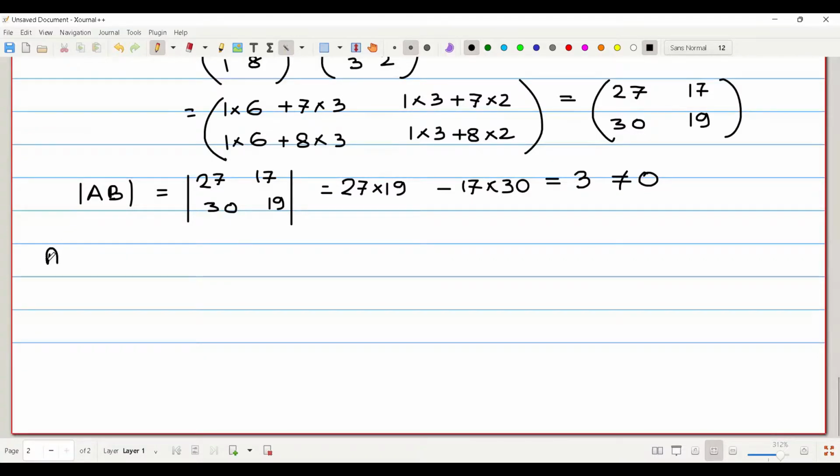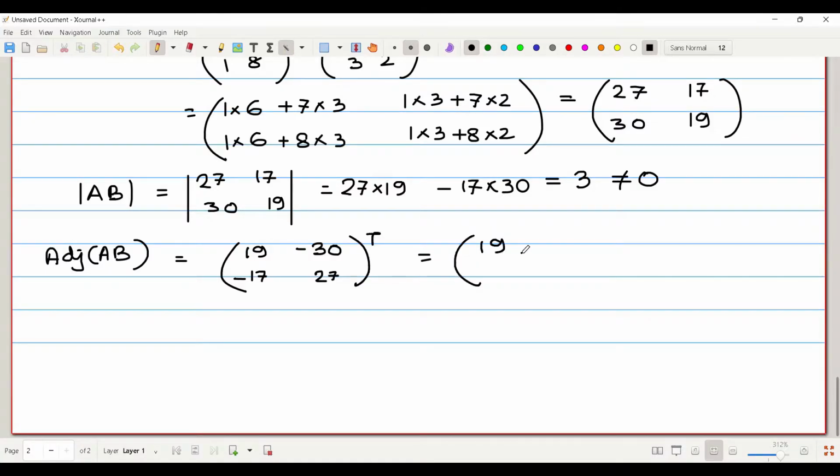So we have to find out the adjoint of AB, and that one is 19 minus 30, that is the cofactor matrix we are finding, and 19 minus 30, then minus 17 and 27, its transpose. So that one is 19 minus 17, minus 30 and 27.